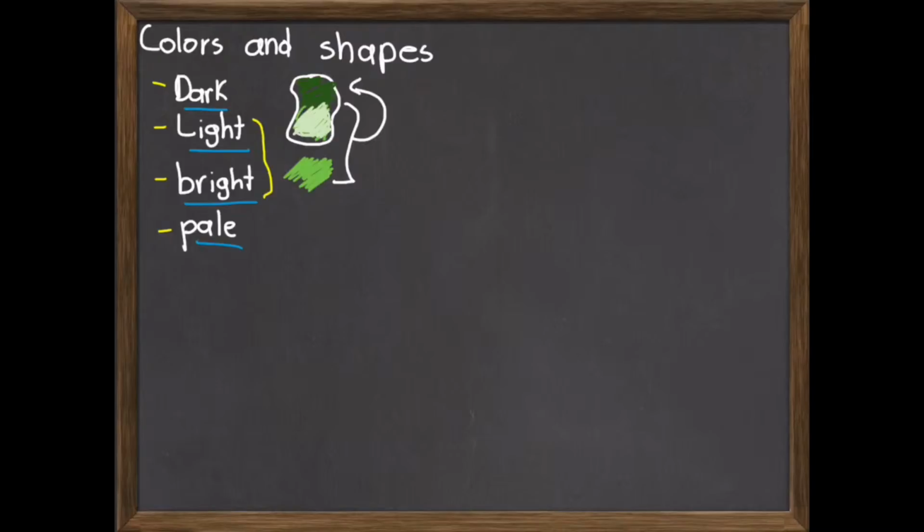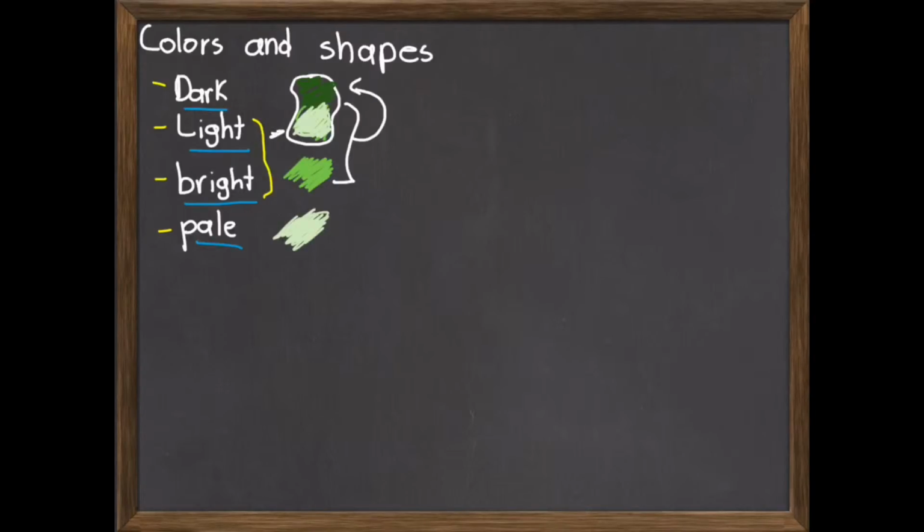Now, pale. Pale also has to do with how much color is emitted from this shade. A pale green color is a green that doesn't have much color. This could be a pale green color. It's a little bit less colorful than the light green color.